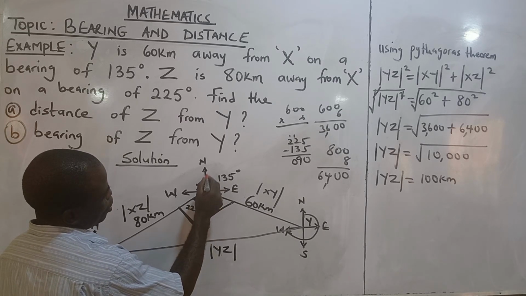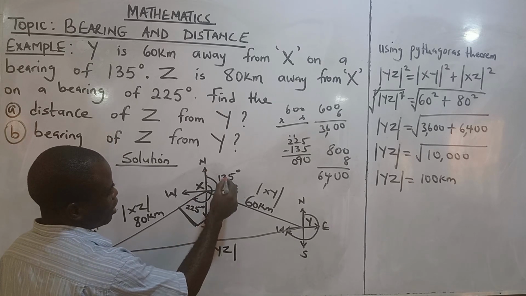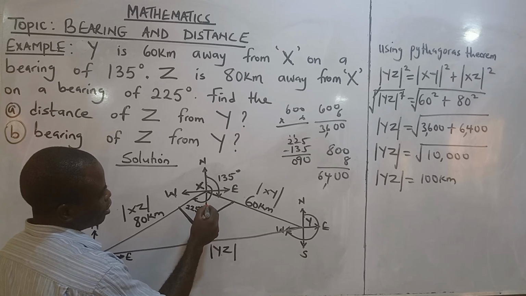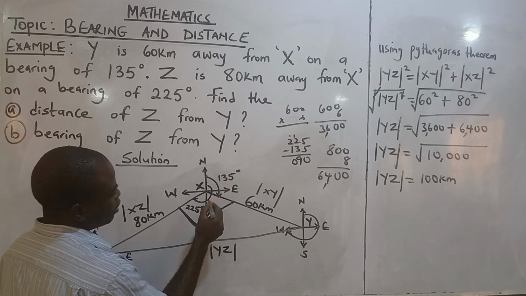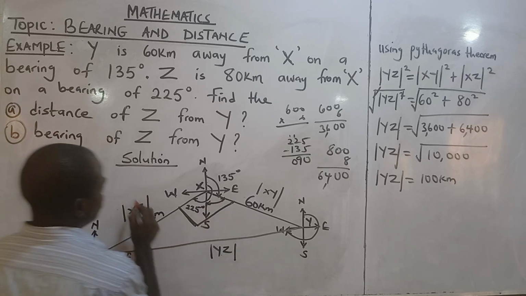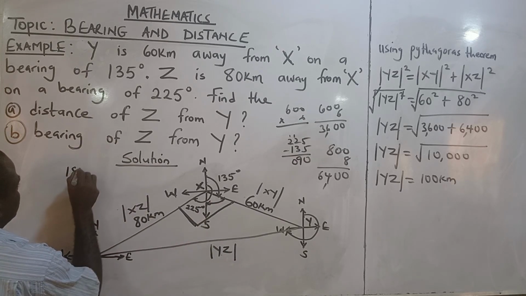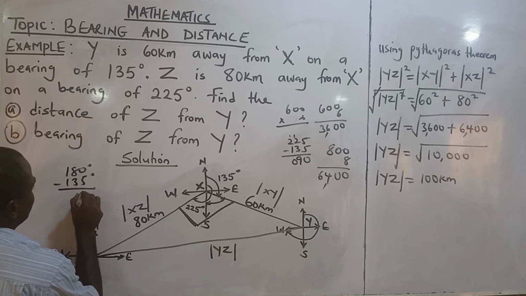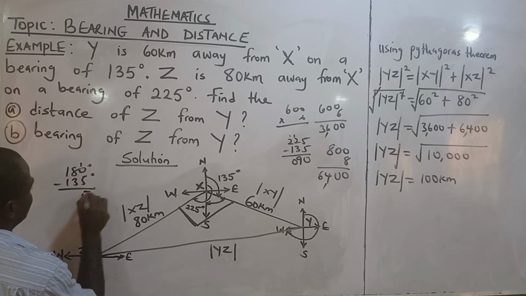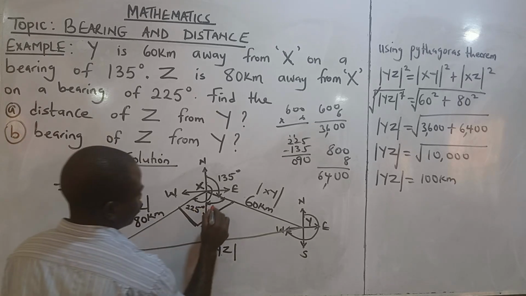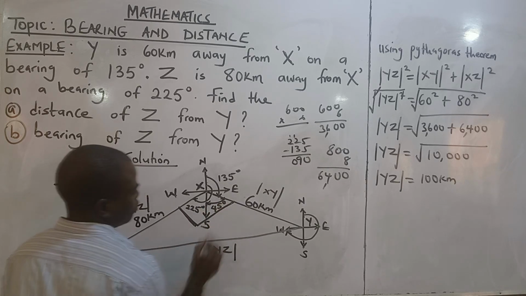If from this north to this line is 135 degrees, and from north to south is 180 degrees, remove 135 from 180, you have this angle. 180 minus 135 degrees. Borrow 1 from here, that's 7. 7 minus 3, 4. This is 45 degrees.